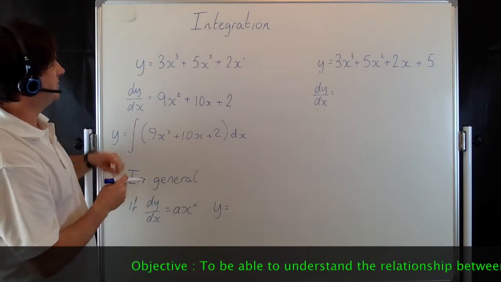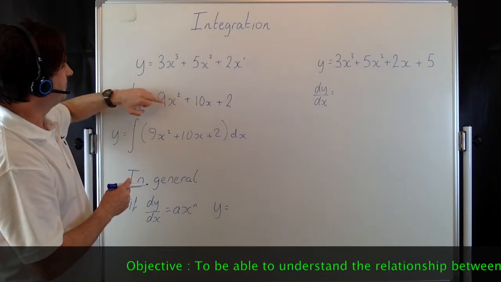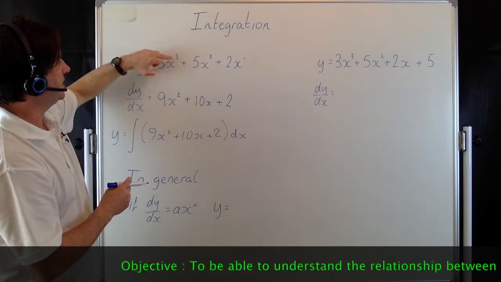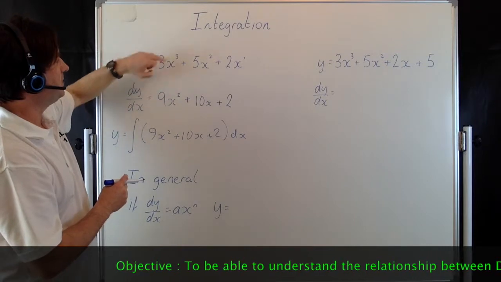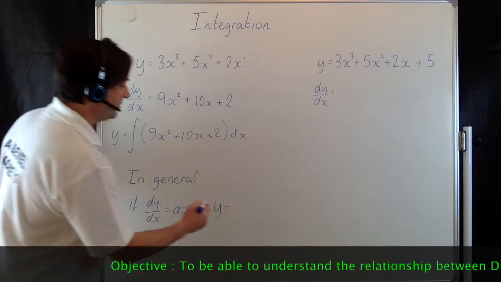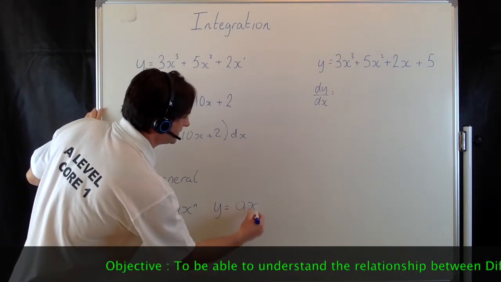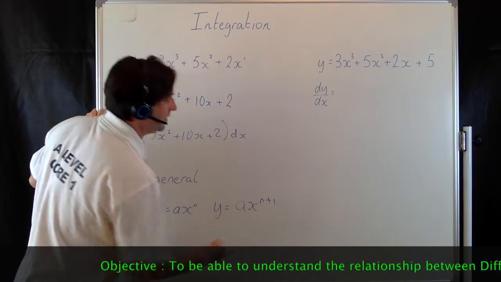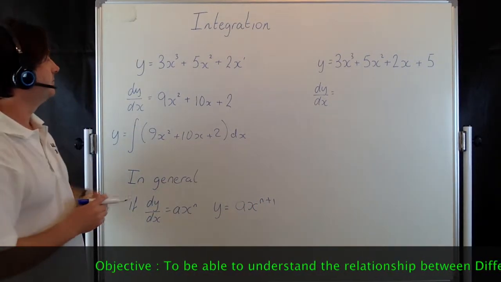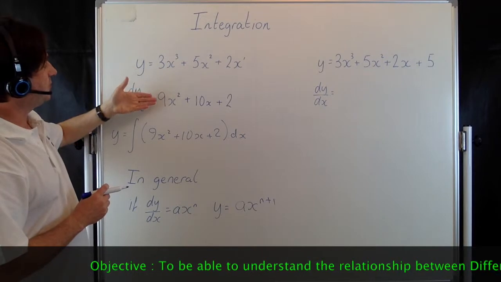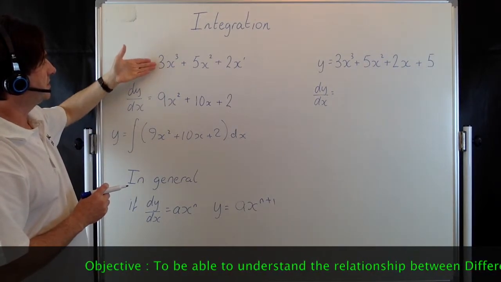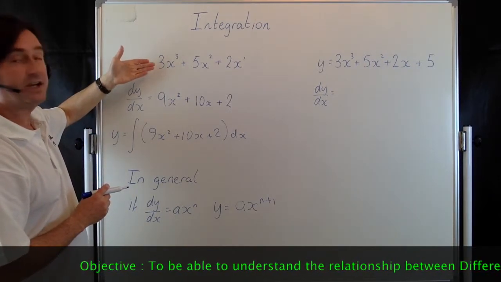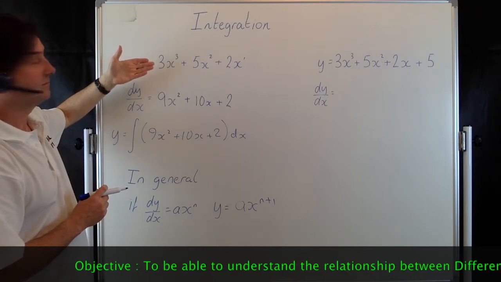Well, let's have a look at what's happened here. To get from the x squared to the x cubed, we would be adding 1. So we'd have ax to the n plus 1. We're adding 1 to the power. And to get from the coefficient to this coefficient, you can see we're dividing it by 3.